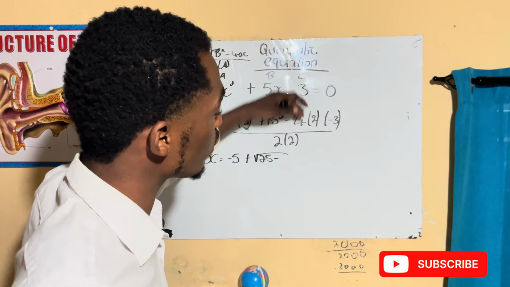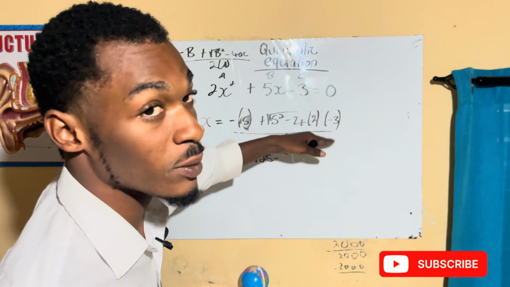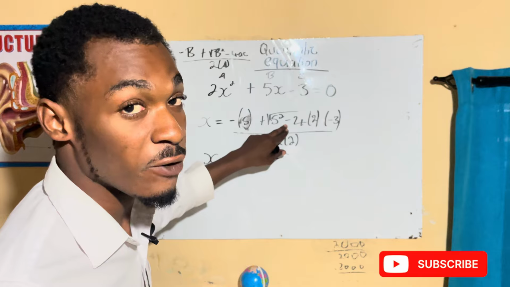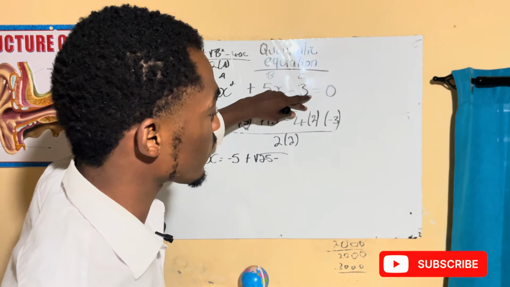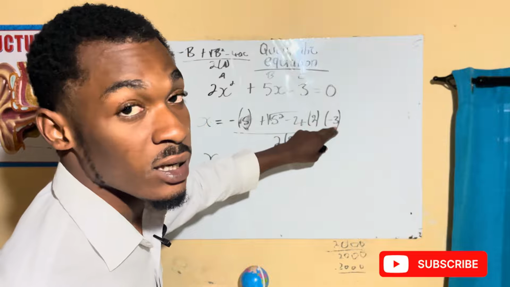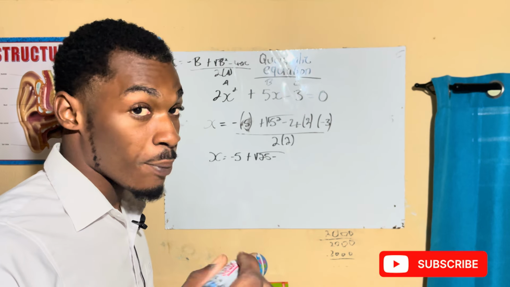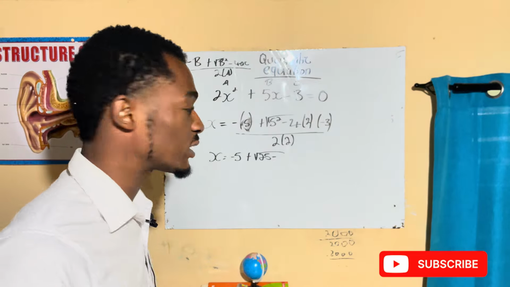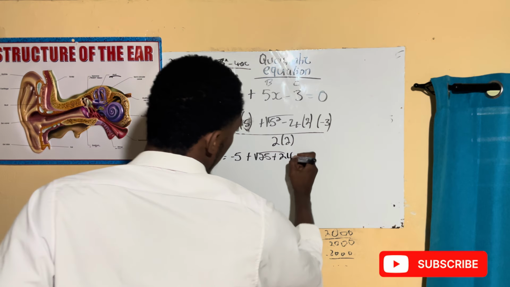So 4 is going to multiply by 2, and negative 4 one more time is going to be multiplied by the negative 3. Please note that this 4 has a negative sign in front of it, which makes it negative. So negative 4 times 2 gives us 8, and 8 times 3 gives us 24. But it's going to be a positive 24, because when we multiply a negative and a positive, we get a positive. So it's a positive 24.